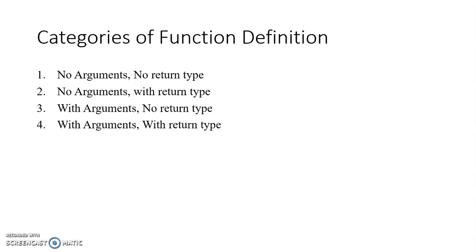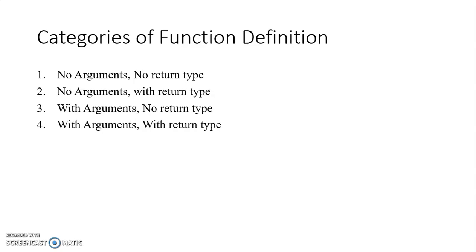So we have 4 types of function definition. The first type is no argument, no return type. The second type is no argument with return type. The third category is with argument, no return type. And the fourth one is with argument with return type.